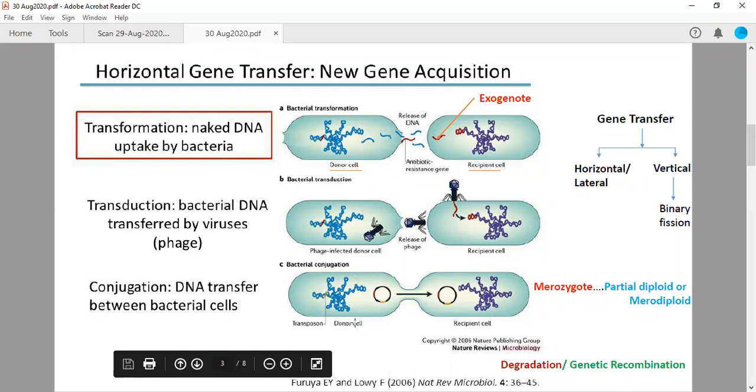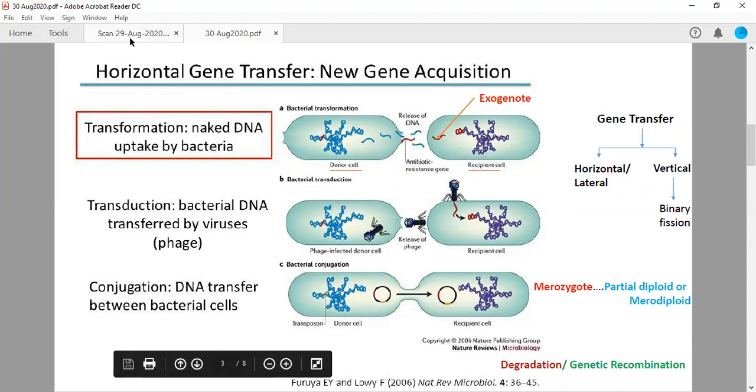From the donor cell, these transposons are integrated into the plasmid. You can see this yellow portion here also. Then it will be integrated into the bacterial genome or endogenote when this plasmid copy is transferred into some recipient cell. So these are three ways. We will discuss all the three ways in detail.